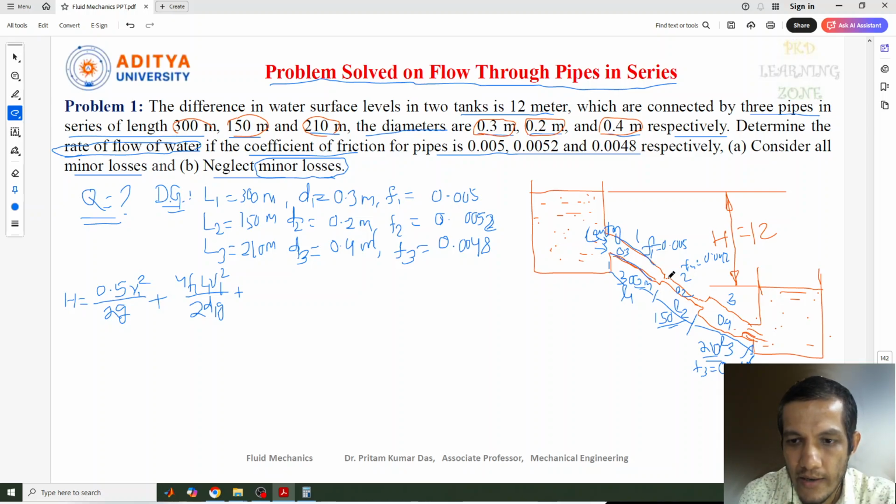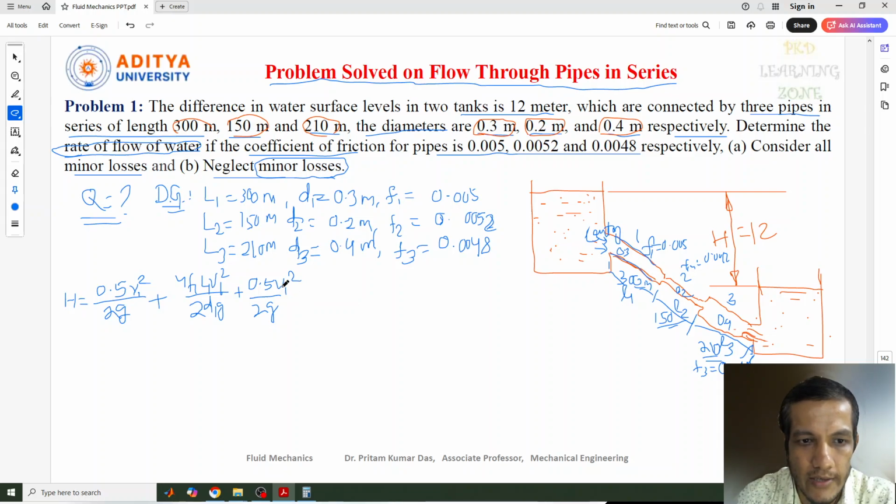Then the second one, again it is in contraction. So in the contraction also the same formula can be used, 0.5 V1 square by 2G. Here, if we were considering V1, then this one we can consider V2.